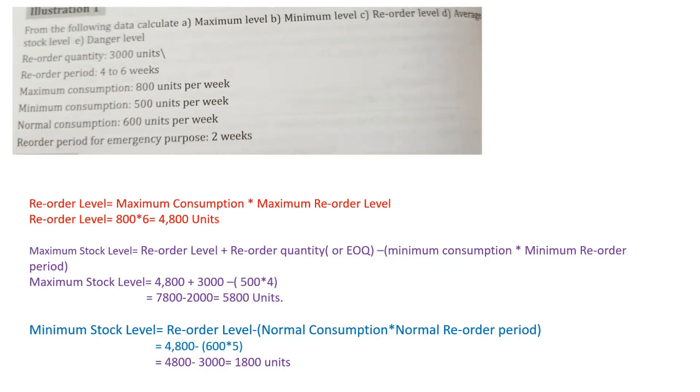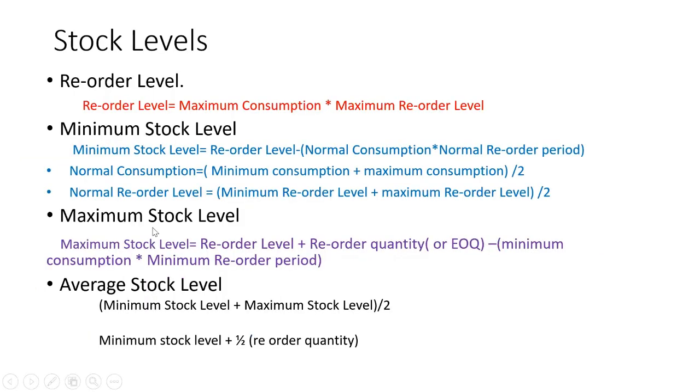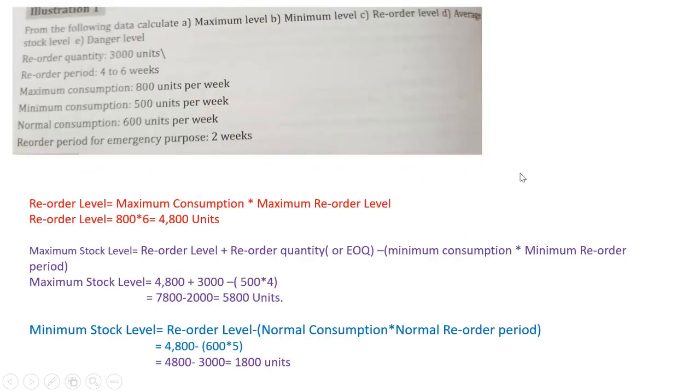See, here they have given the normal consumption. If they haven't mentioned this, what will we do? This plus this, like maximum plus minimum divided by 2. Normal consumption is minimum plus maximum divided by 2, if they have not mentioned it.